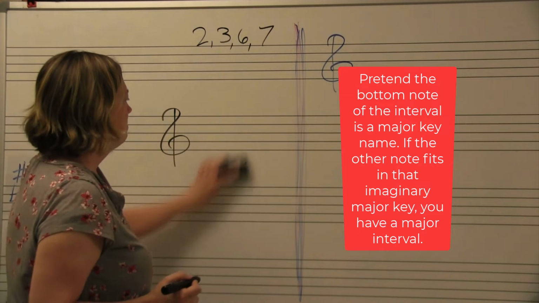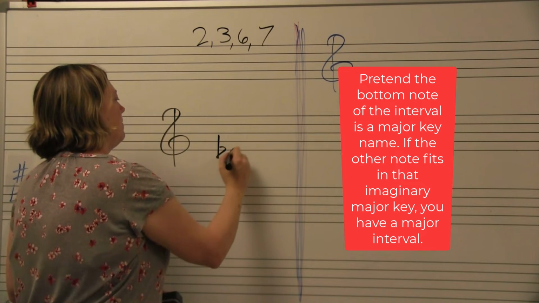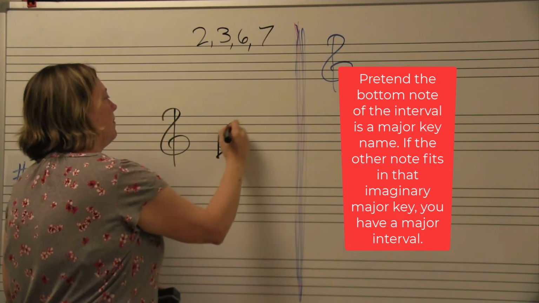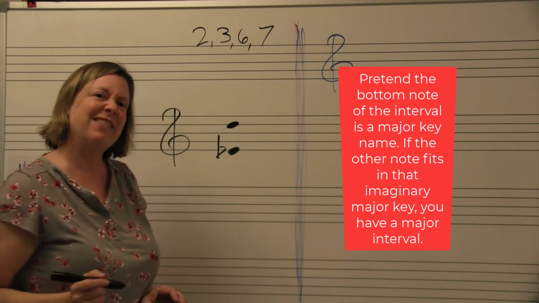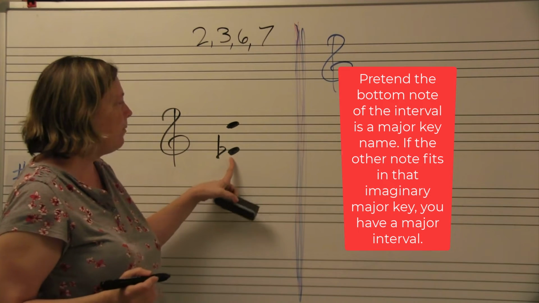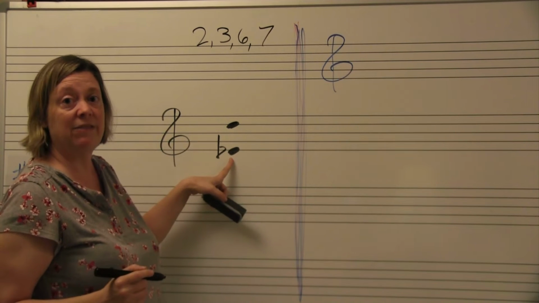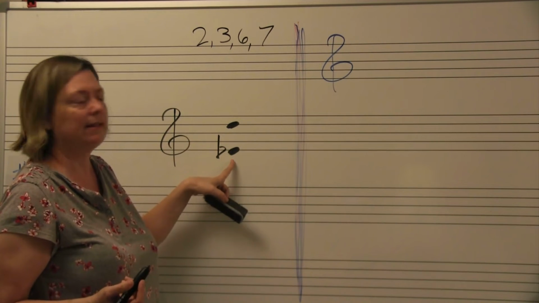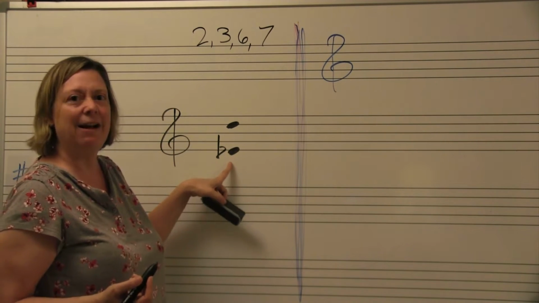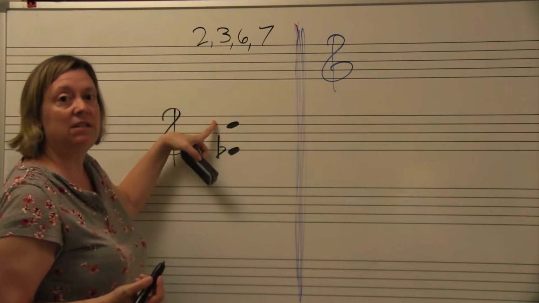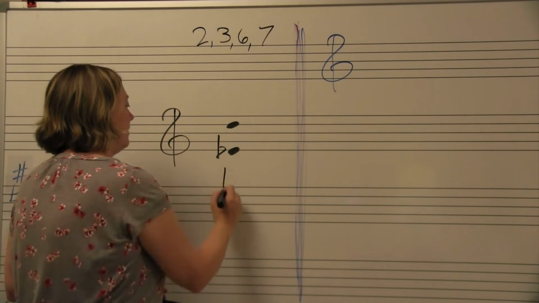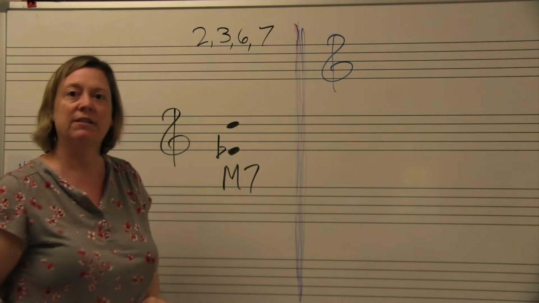I'll do one more. Here's a seventh. By the way, major sevenths have 11 half steps. If I were in the key of E flat major, does D fit? Yes. This is a major seventh.